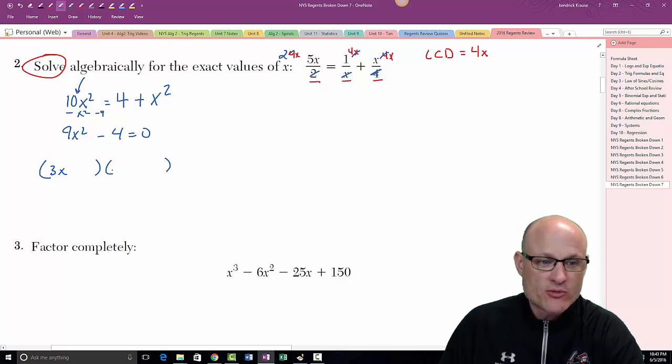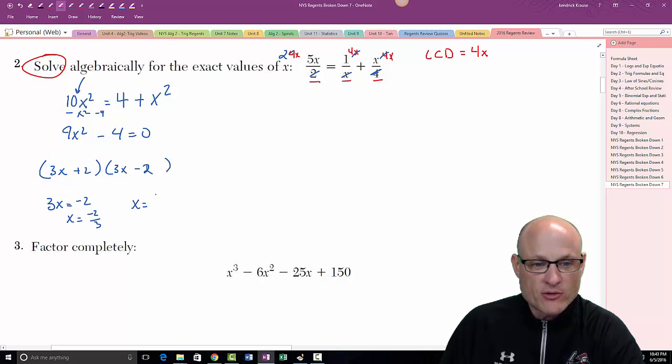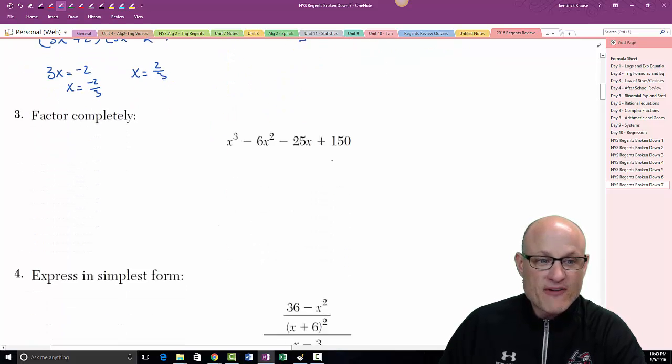So we're going to rewrite it as (3x + 2)(3x - 2). So my two answers are 3x equals negative 2, or x equals negative 2/3, and this will end up just being x equals positive 2/3. Make your answer look professional: 2/3, negative 2/3.